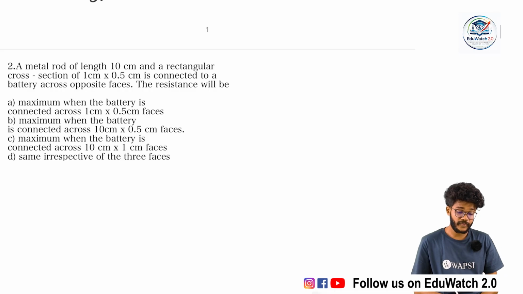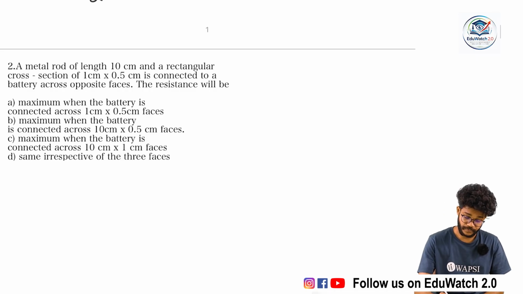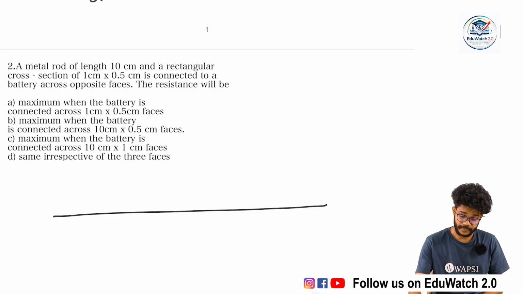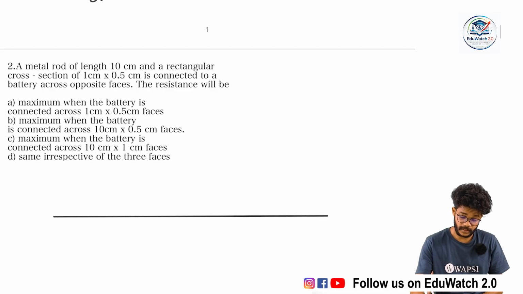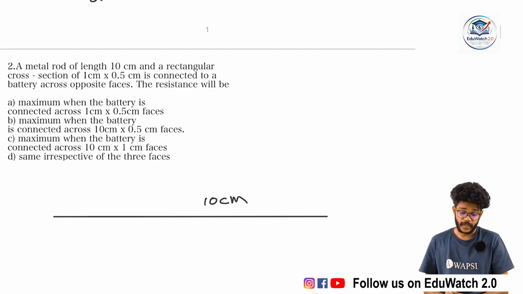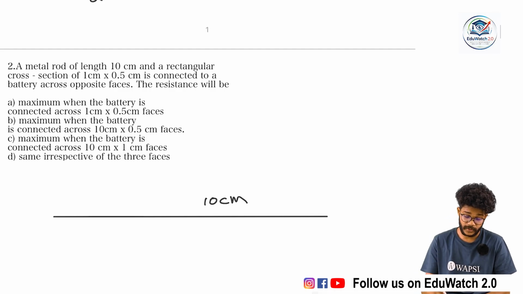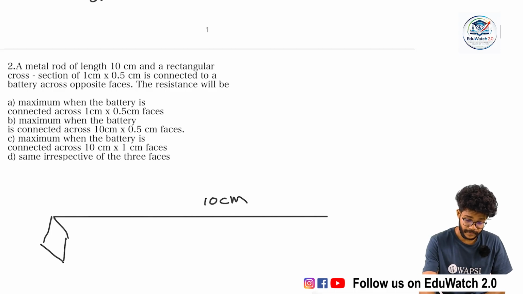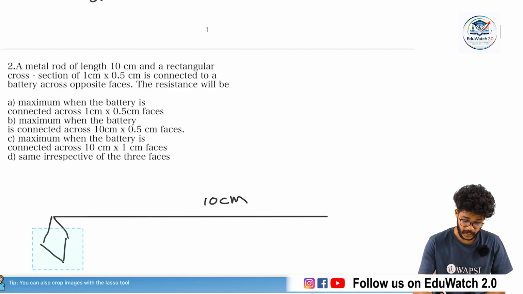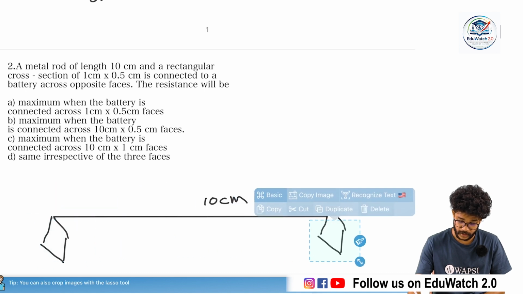A metal rod of length 10 centimeter and a rectangular cross section of 1 centimeter into 0.5 centimeter. That means we can draw a rectangular cross section on both sides.